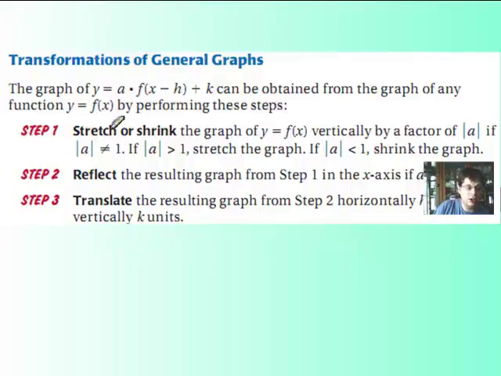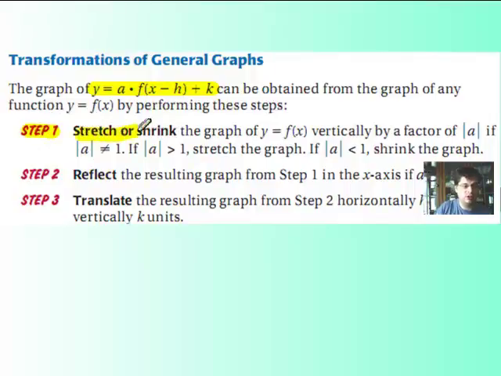The general form for any of these is y equals a times f of (x minus h) plus k. So this generically works with any function, and we can get those transformations with the same a, h, and k.